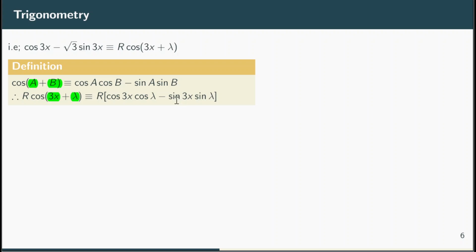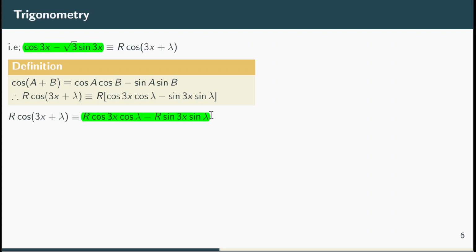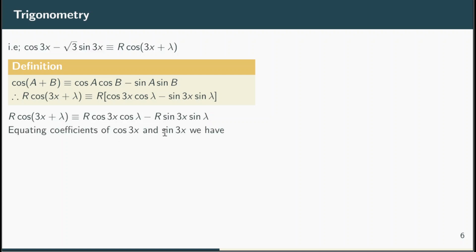So I can proceed now and write it out. r cos(3x plus lambda) is equal to, I distribute r, and I have this term. Now, if this left hand side is equal to this right hand side here, then it can only mean that the coefficients of cos 3x and sin 3x are the same. The coefficients here mean the constant multiplying that term.